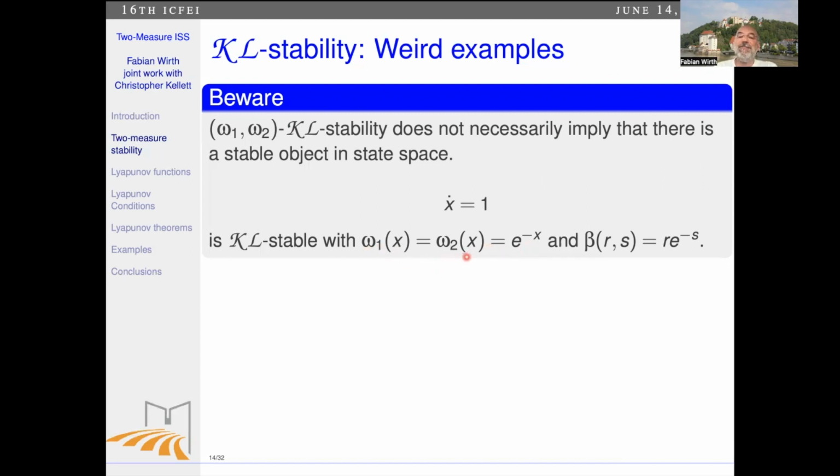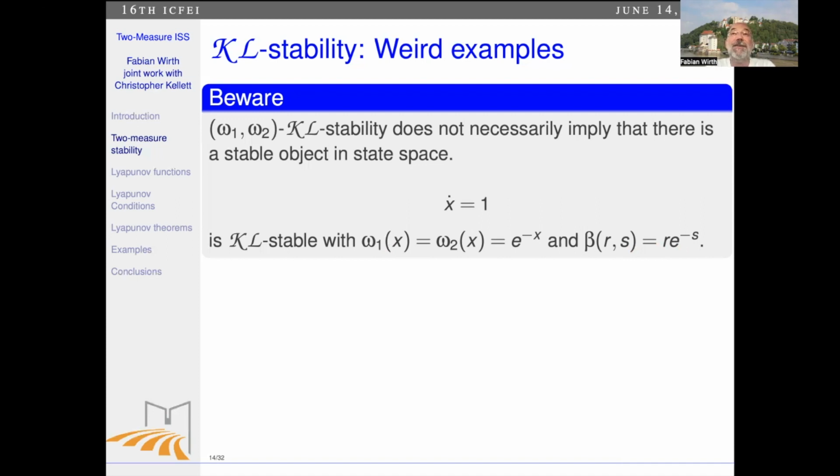We take as measurement functions e to the minus x, and as the KL function that you need, r times e to the minus s. If you do a small calculation, you'll find that indeed this system is KL stable with respect to these two measurement functions.